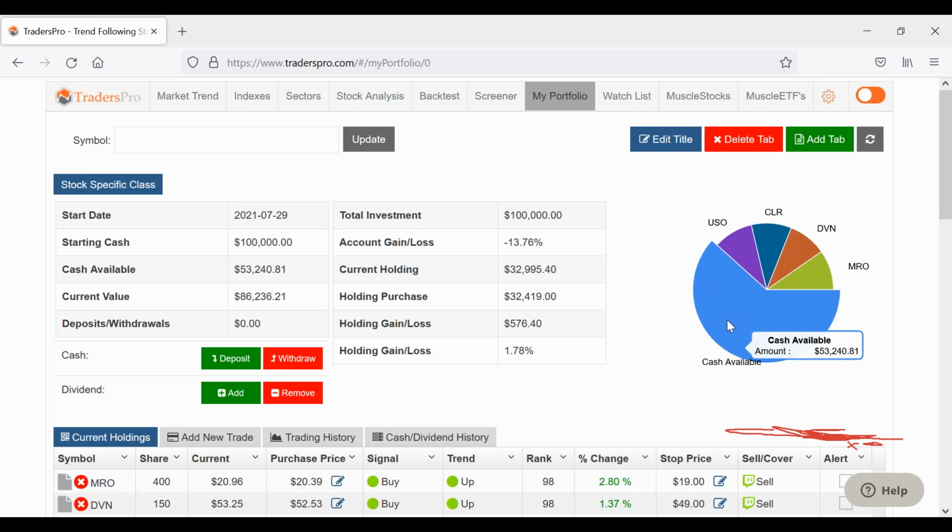So I still have over half my cash, 53,000 still. Now, again, is this dangerous? We're all in oil stocks. Yeah, but there's a very low probability that we're going to see a crash in oil, especially with all the catalysts that you can see out there.